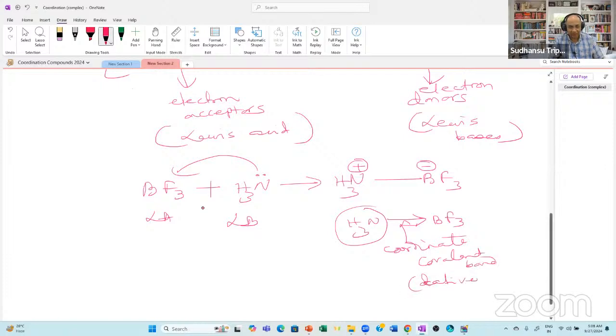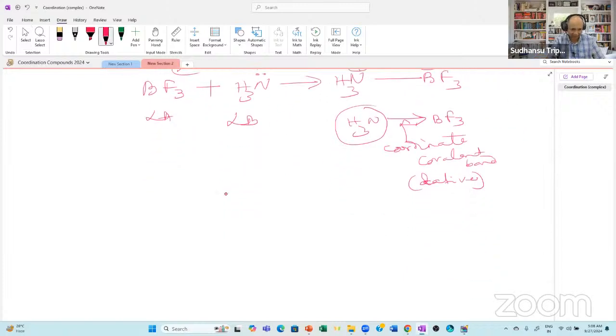This justifies why the compound is called a coordination compound, because there are coordinate covalent bonds. Now, for example, we analyze this Fe(CN)6. This is an anionic complex ion with 4 minus.